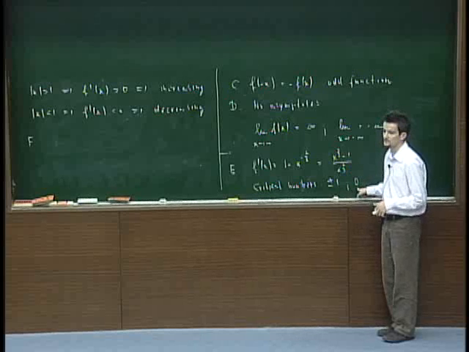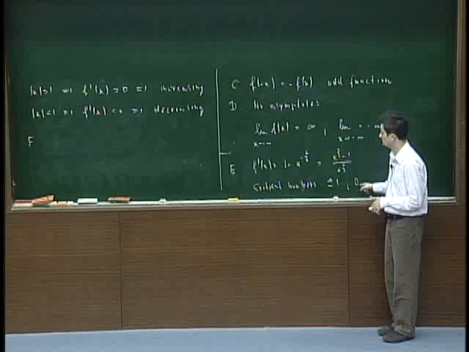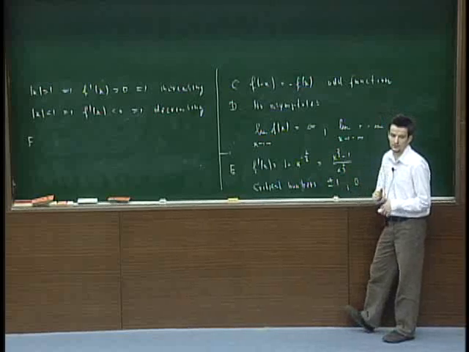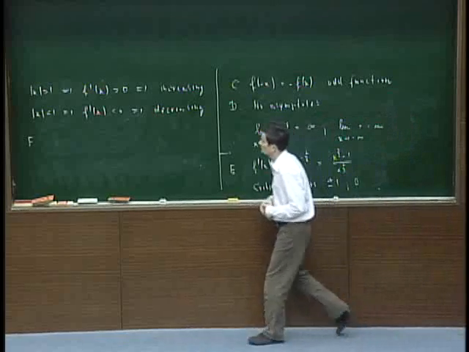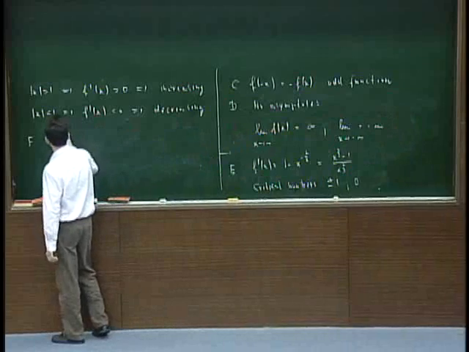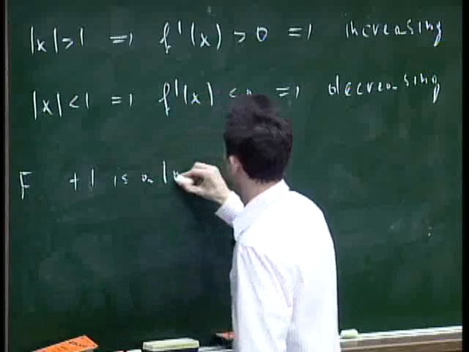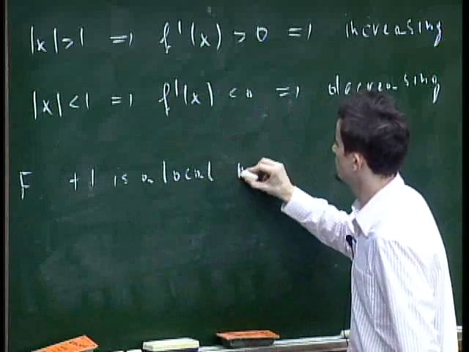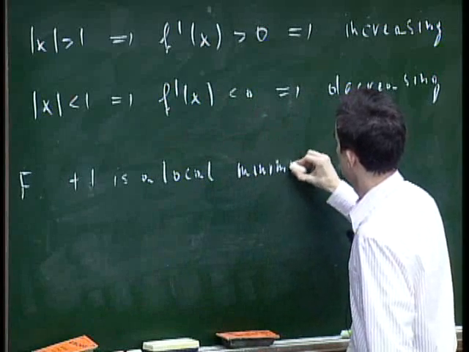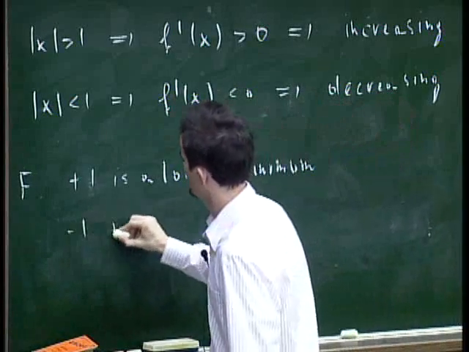But at 0 nothing changes. So 0 is the only critical number which is not a local extremum, while plus minus 1 are local extrema: plus 1 is a local minimum, and minus 1 is a local maximum.